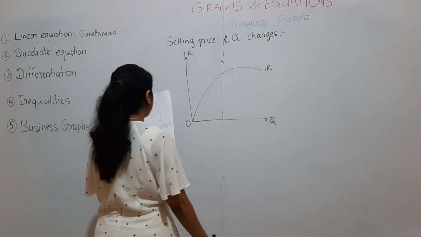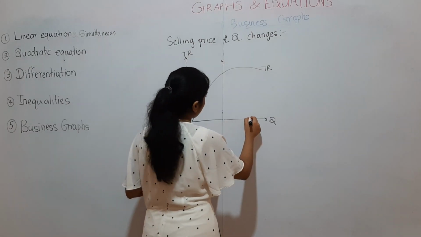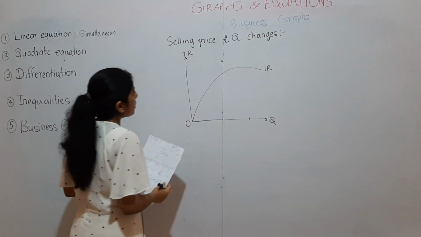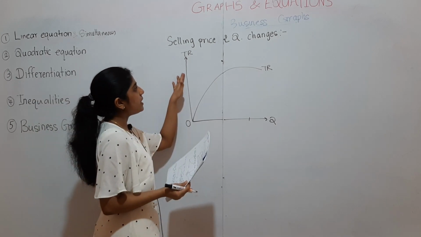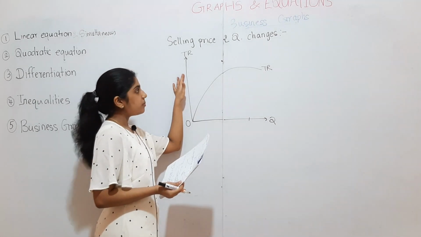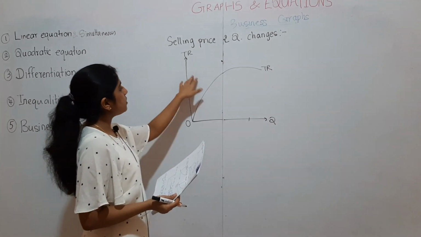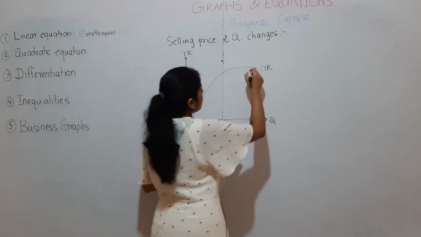Because you might sell more quantity, but your demand will be less. Because the demand is less, your selling price or revenue will fall down.